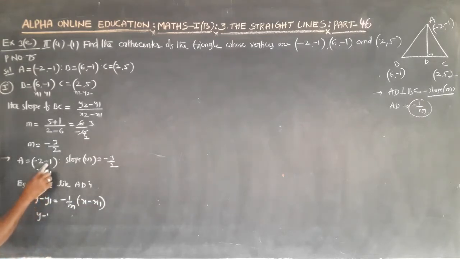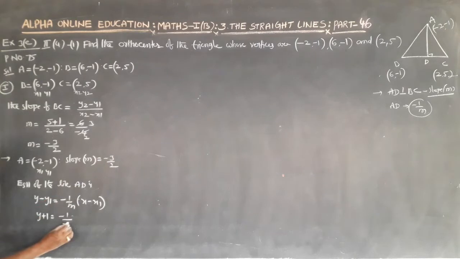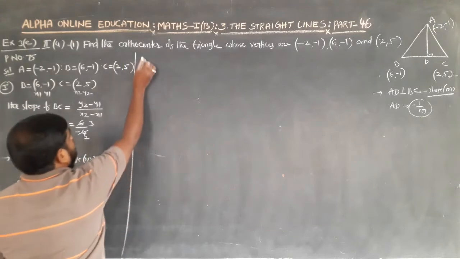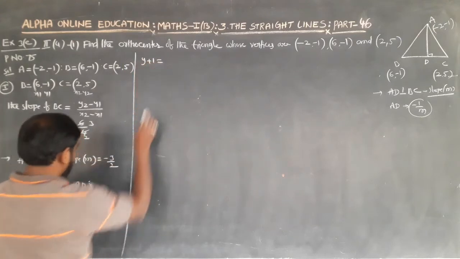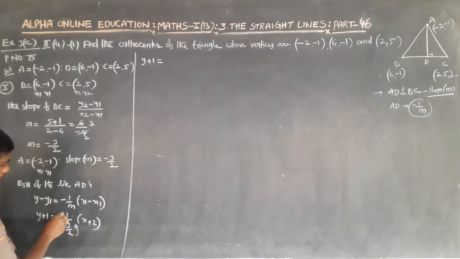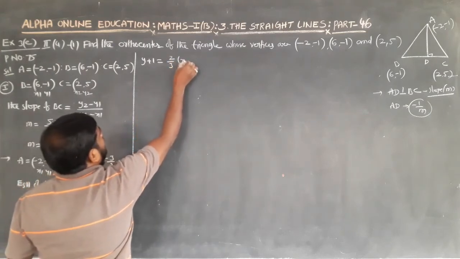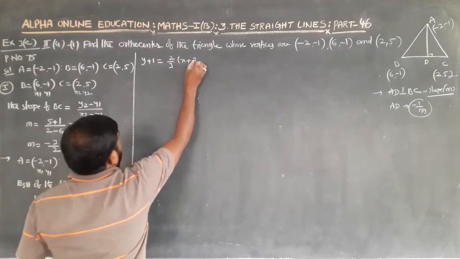Y plus 1 is equal to minus 1 by minus 3 by 2 into x plus 2. The minus signs cancel: y plus 1 is equal to 2 by 3 into x plus 2.